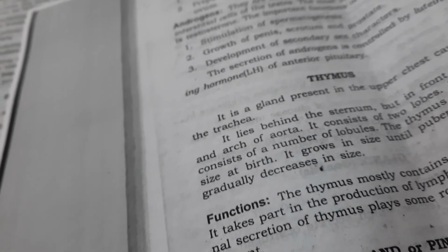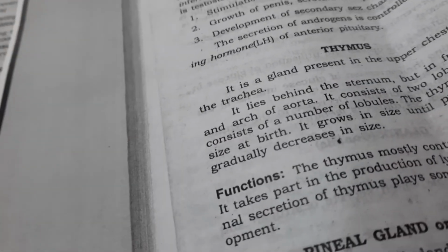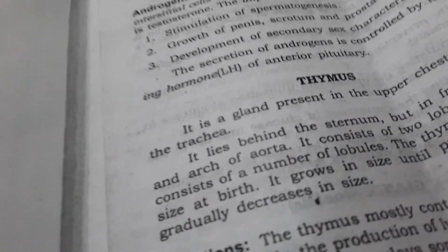So the thymus gland is situated in the posterior part of the chest, in front of the heart and the arch of the aorta. It consists of 2 lobes and has many lobules.